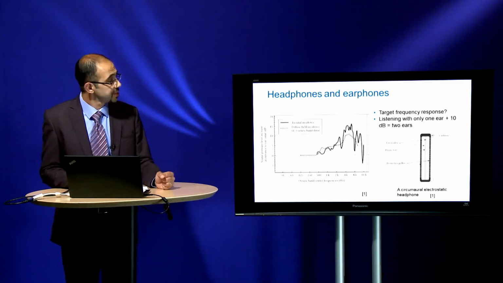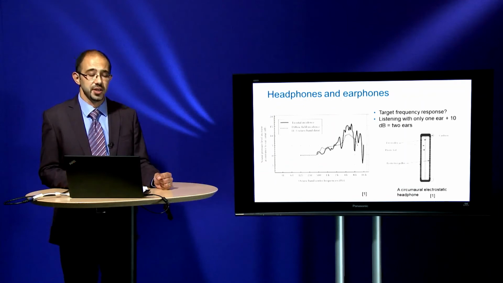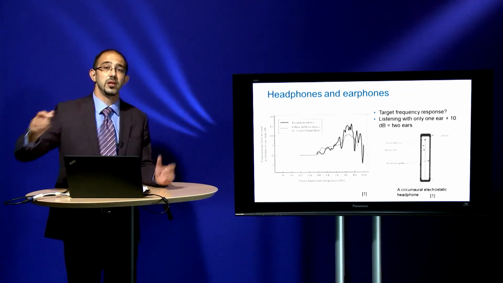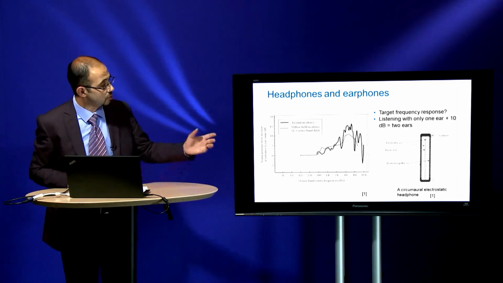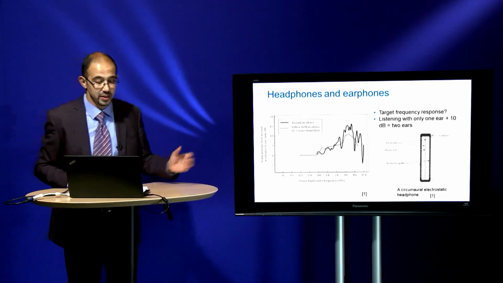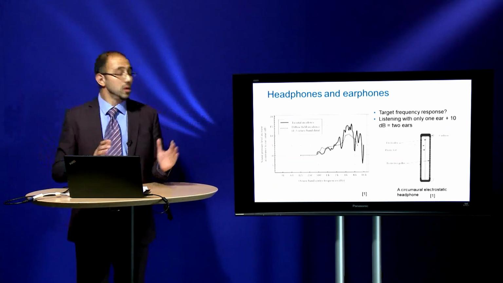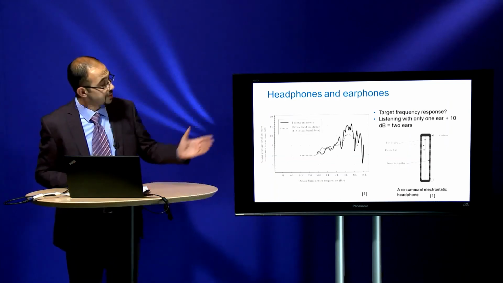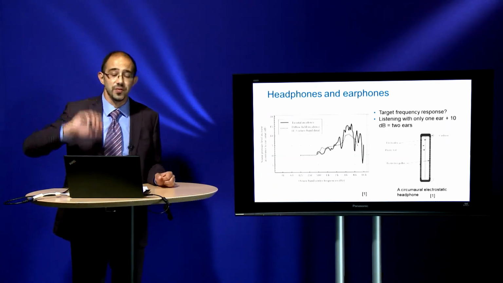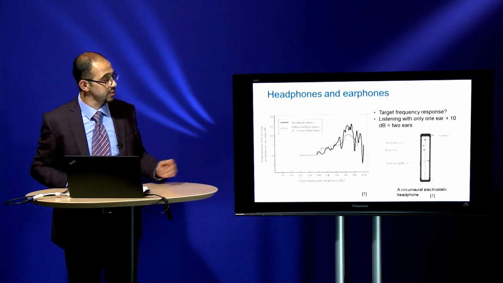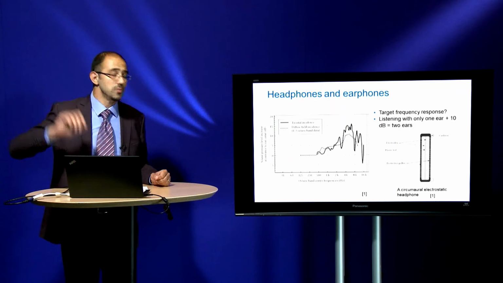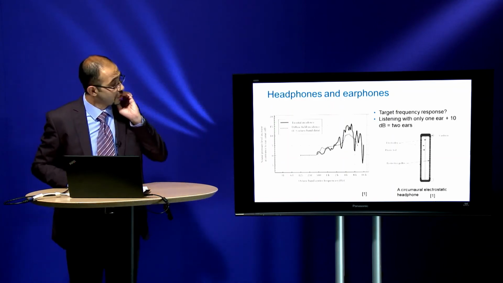Here you can see from the literature HRTF measurements from frontal or diffuse field measurements, and you can see that particularly between 2 and 8 kHz there is an amplification. Therefore, most headphones have a higher level in this frequency range.